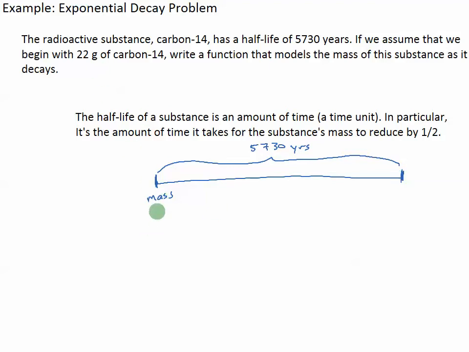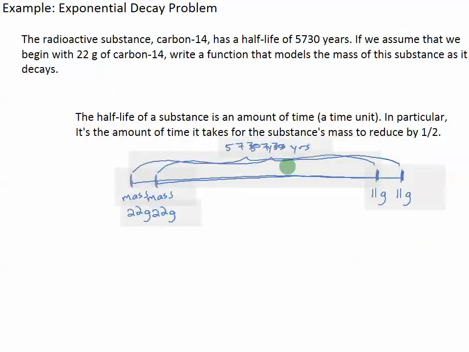So in this particular case, we start with 22 grams of carbon-14. This long period of time passes, which is namely the half-life, so at the end of that time frame we only have 11 grams. It cuts in half exactly, and you can imagine that this pattern continues forever.